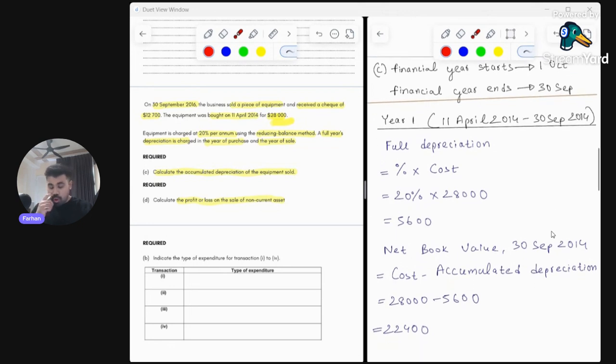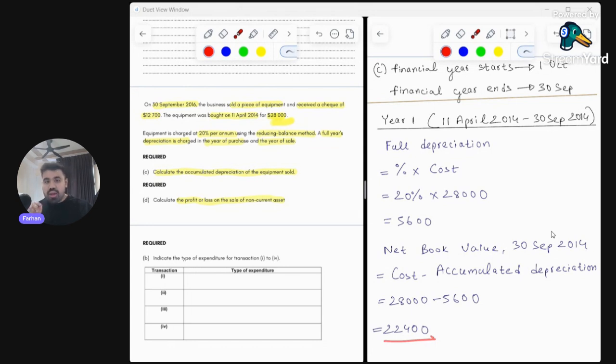The cost, as we already know, is $28,000, and the accumulated depreciation is the depreciation expense which we derived for the first year, and that is $5,600. Therefore, 28,000 minus 5,600 gives us $22,400 as the net book value at the end of the first year, or at the end of 30 September 2014.